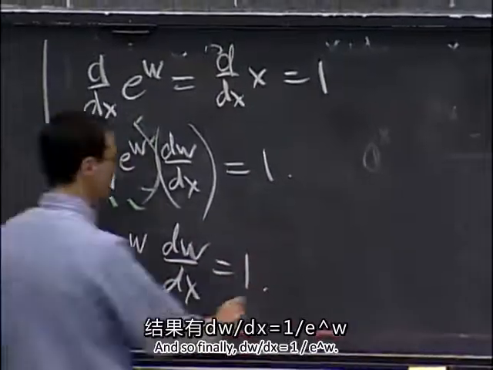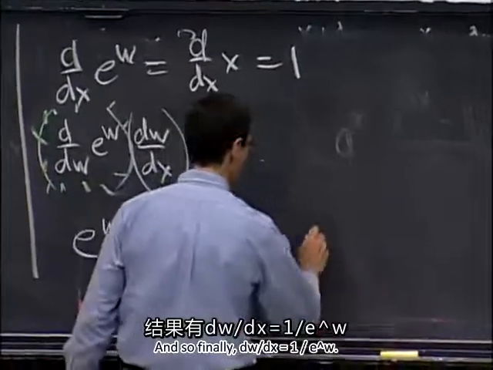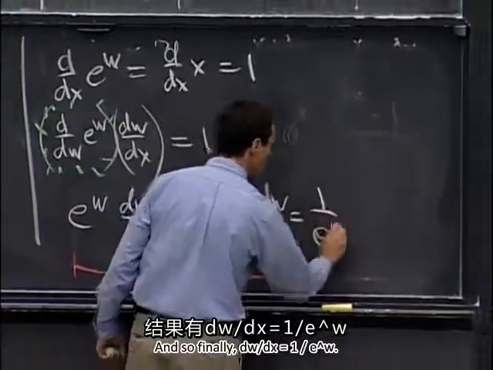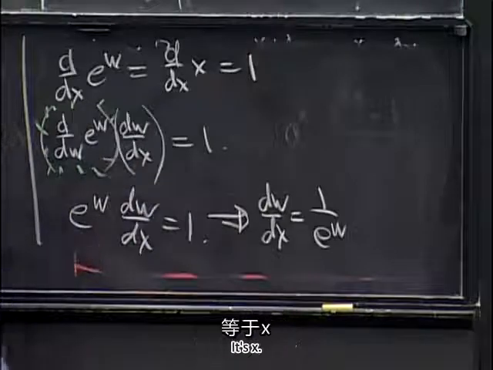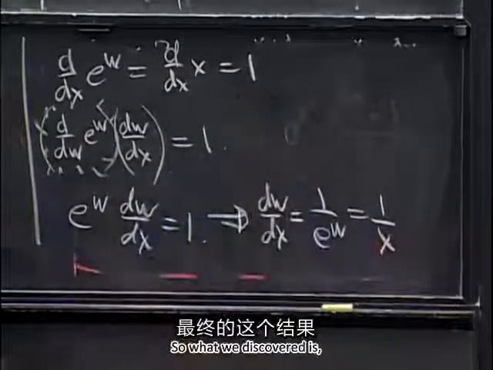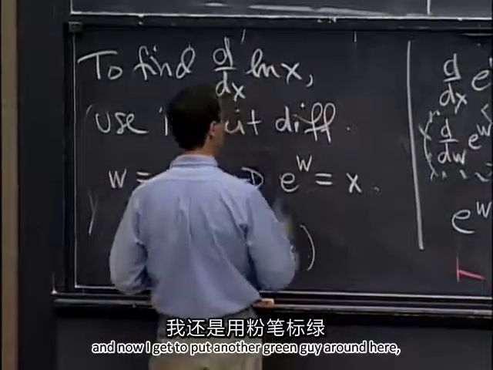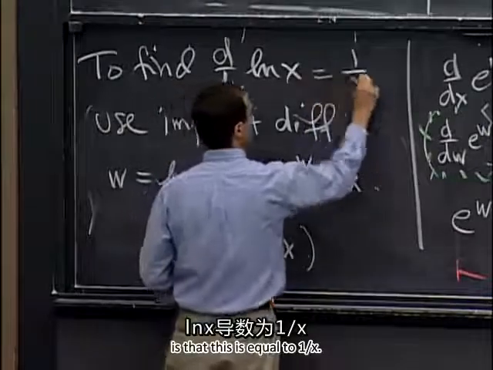And so finally, dw dx is equal to 1 over e to the w. But what is that? It's x. So this is 1 over x. All right, so what we've discovered, and now I get to put another green box around here, is that this is equal to 1 over x.